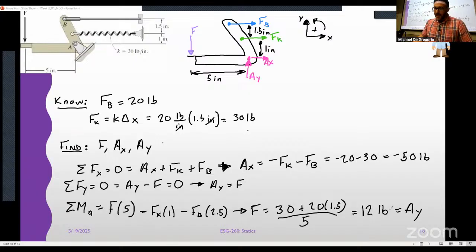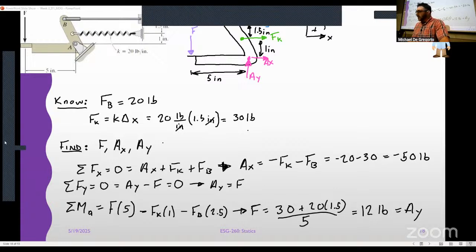Amazing. We were told F was downward, but they both came out positive, which confirms the direction that we drew them in, right? So there we have it. We have everything we need. Finished. Questions about that? So remember, 2 dimensions, you have 3 equations.